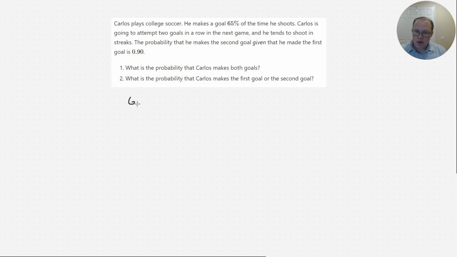So remember, we have 2 events. I'll call them G1 and G2. G1 is Carlos makes the first goal. And G2 is Carlos makes the second goal.